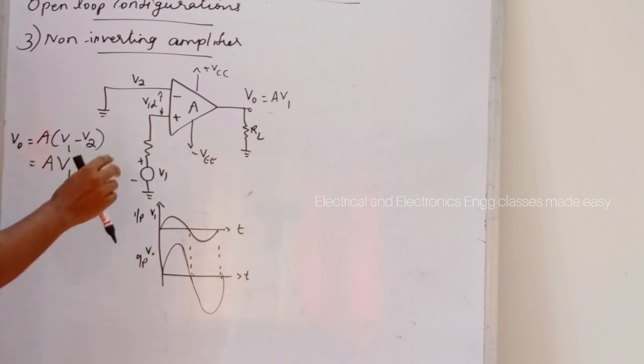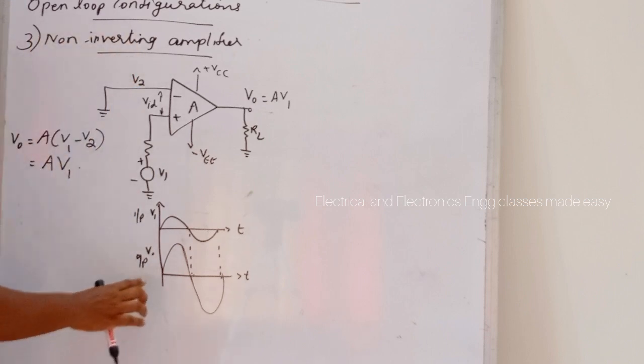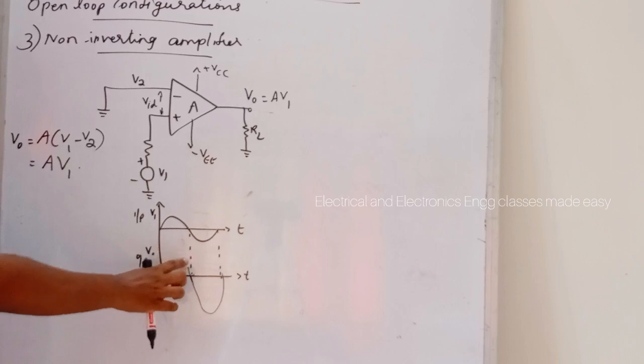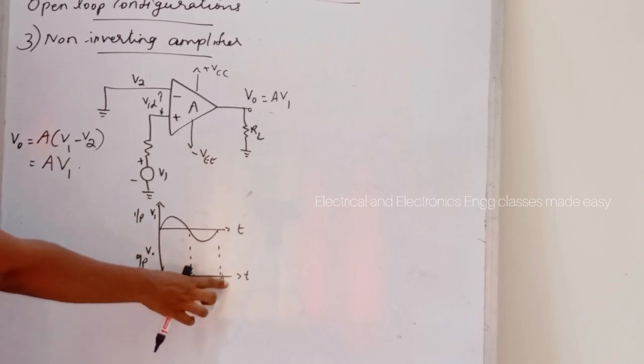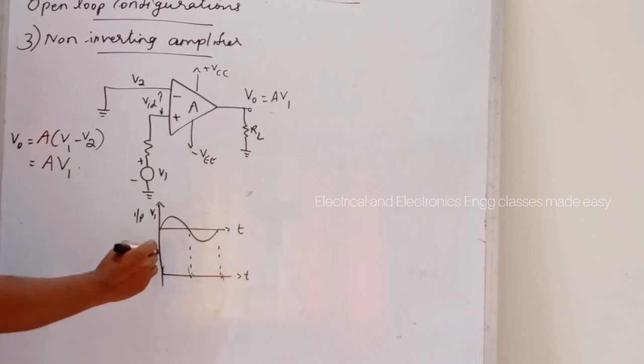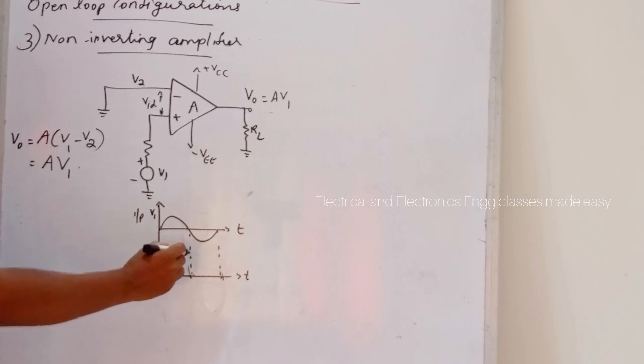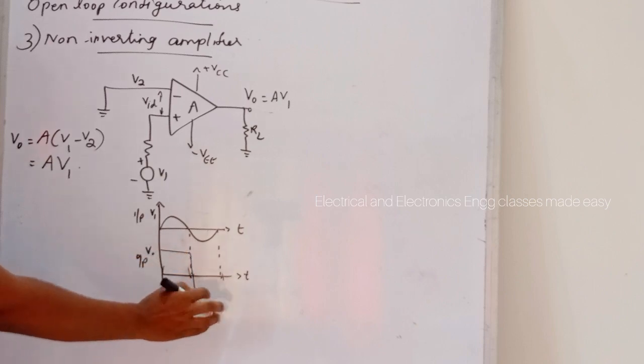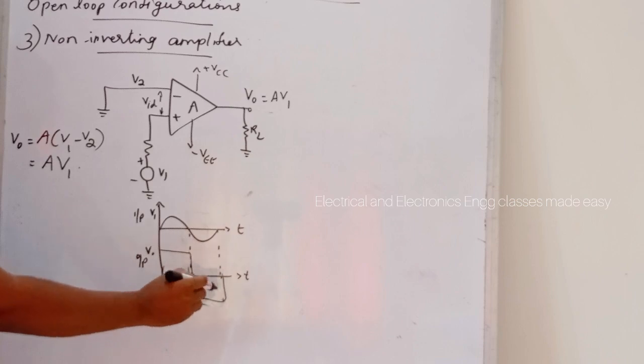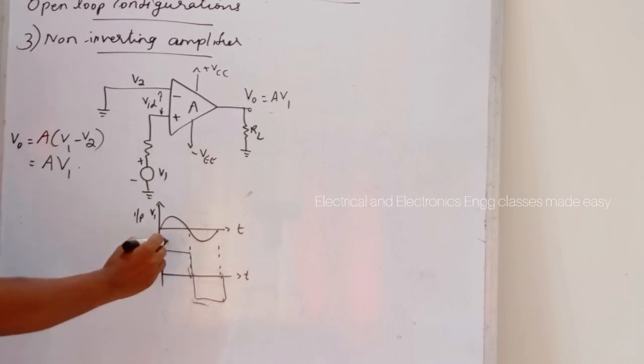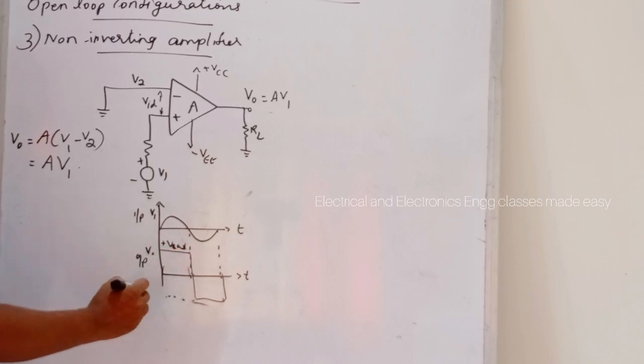But here also this is open loop configuration, so the output waveform is between the positive saturation and negative saturation, between plus VSAT and minus VSAT.